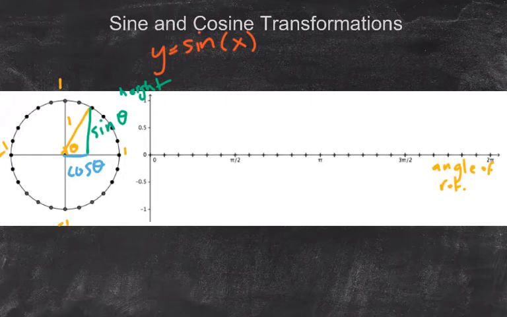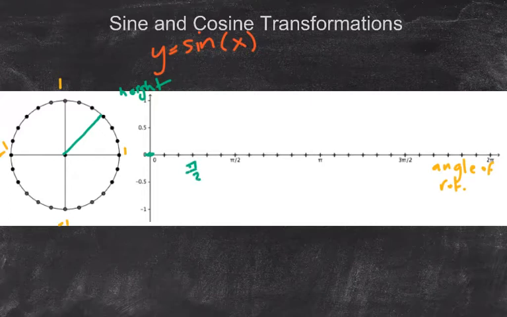Okay, and so when I start doing this, I'm going to use green because that's the color that I used in the unit circle. When I've rotated 0 radians, I'm looking at this line here. And this line here has a height of 0, so that point's going to go at 0, 0. When I've rotated, maybe we'll say pi over 4 radians, I'm at a height of the square root of 2 over 2, which is approximately 0.7.